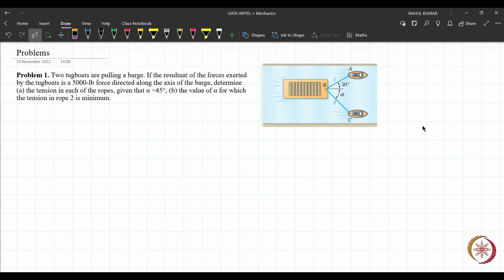Okay, so let's solve it for others. Here it is saying that there are two boats. The boats A and B are applying force on this tugboat.